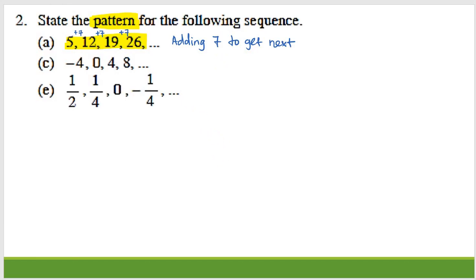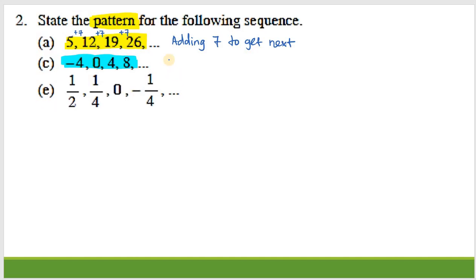Okay, so the next one here is minus 4 becomes 0, 0 becomes positive 4. So obviously again, this is increasing, and then we can see very obviously the difference is plus 4 again, isn't it? So that means this is adding 4.